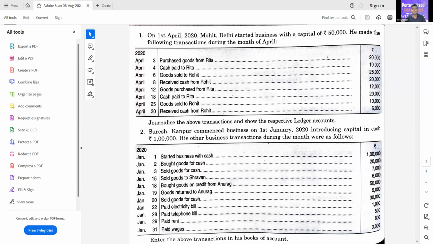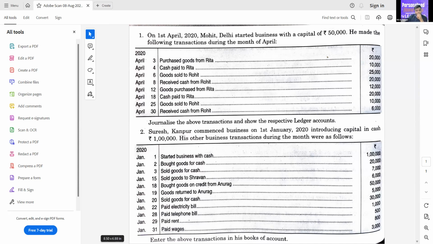Yes, sir. Purchase account debtor to Rita account, 12,000. Okay. Yes, sir. Cash paid to Rita. Rita account debtor to cash account, sir.